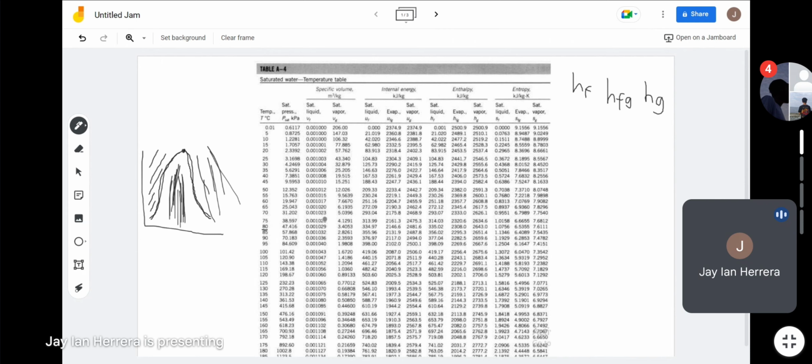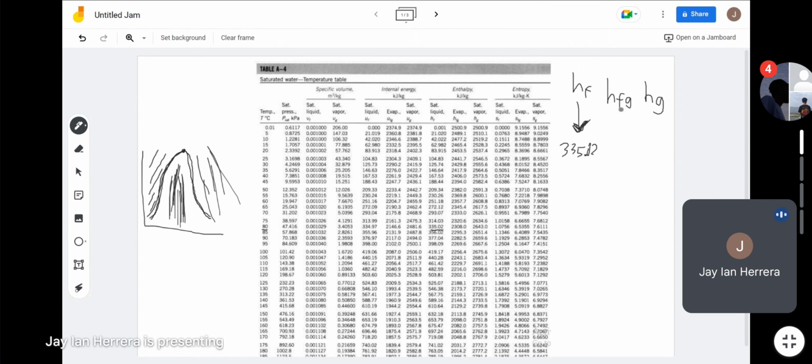So enthalpy na 80 at saturated liquid. Enthalpy ng 80 dito sa part na to, meaning, subcooled liquid pa yan. So pag sinabing hf, kasama na rin dyan yung subcooled region. So ang enthalpy at saturated liquid under the saturated temperature na 80 is 335.02.